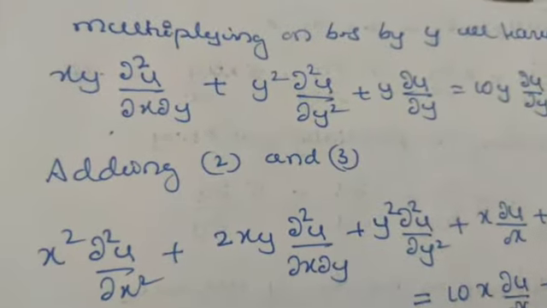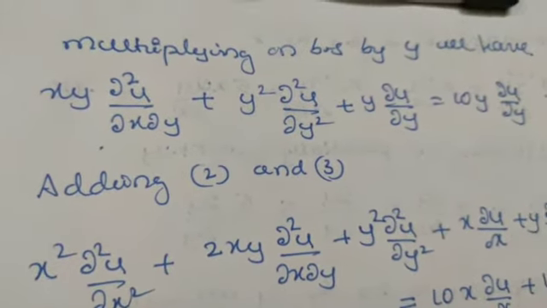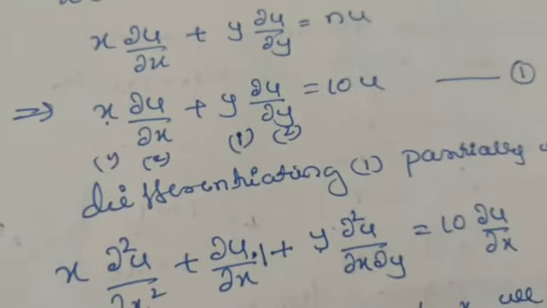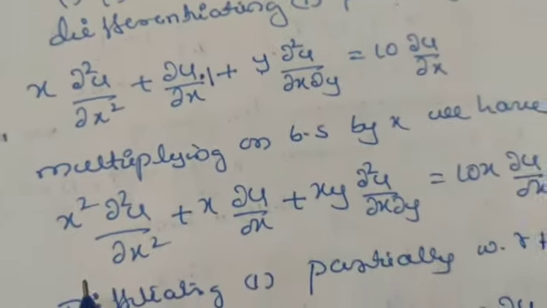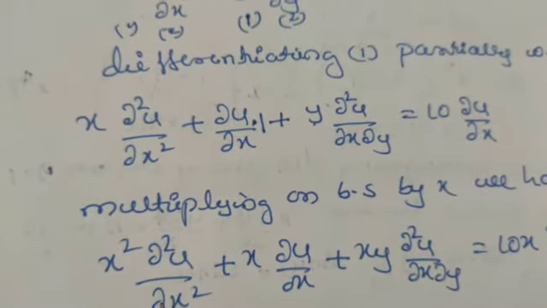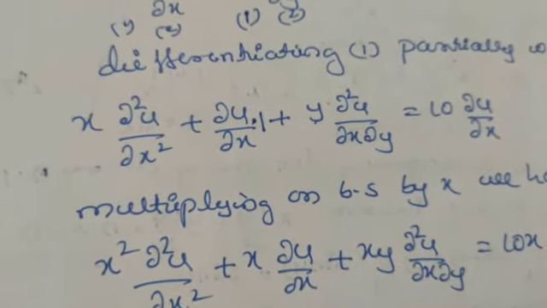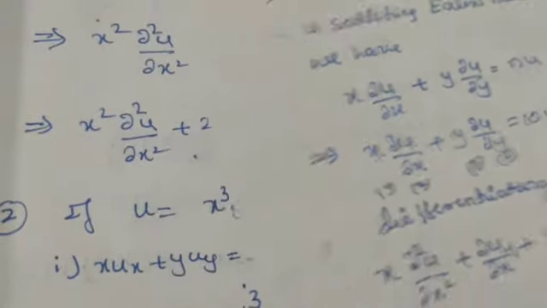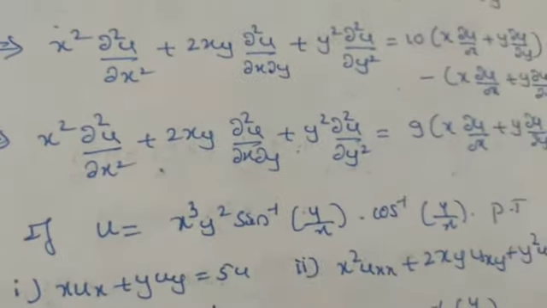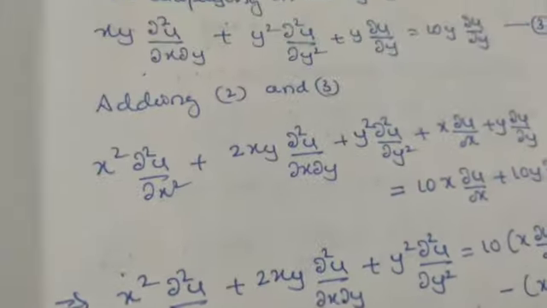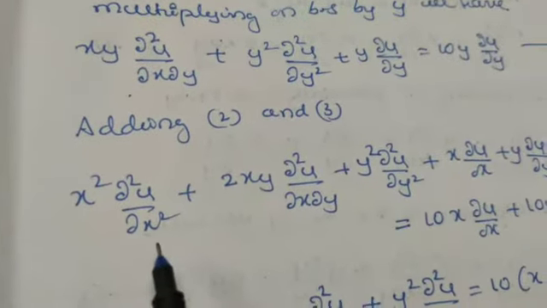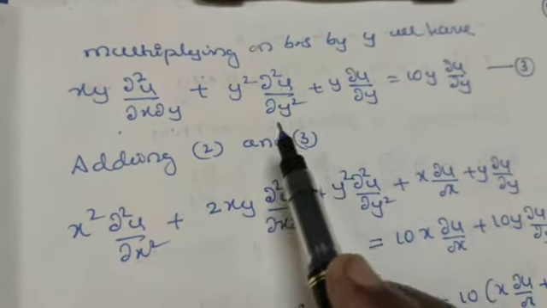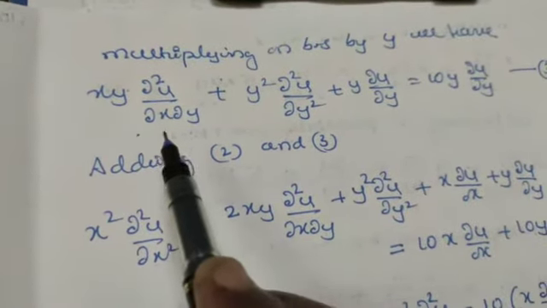Now adding these two equations, equations 2 and 3. In equation 2 the LHS is x square dou 2u by dou x square, you write as it is, then plus in equation 3 this one xy dou 2u by dou x dou y.